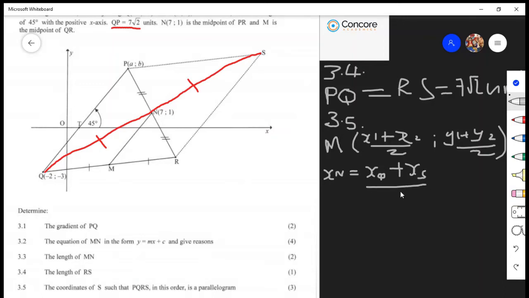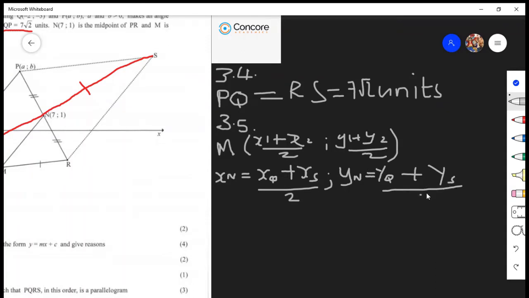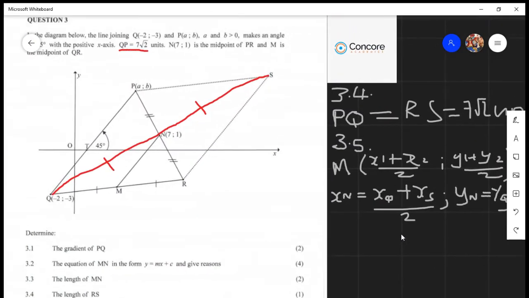And to calculate y, our y value of N is equal to our y value of Q plus our y value of S all over 2. Now all we do is substitute and solve for xS, because we want the x coordinate of S and the y coordinate of S.